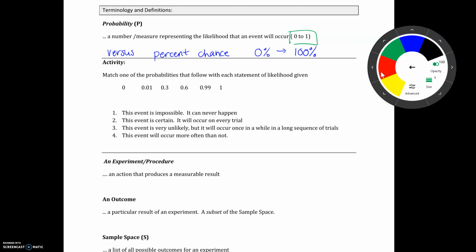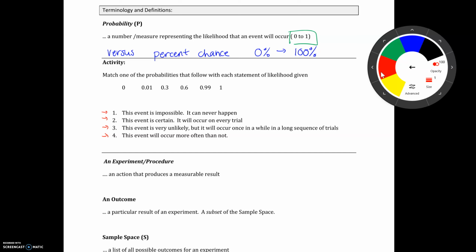As you're going through these videos, know that you can pause at any time. There will be times when I want you to do a practice activity and you'll pause and then the results will show up on the screen. This is the first example of something like that. You've got 6 different probabilities listed and 4 different events, and we want to match each of the events to one of the probabilities.